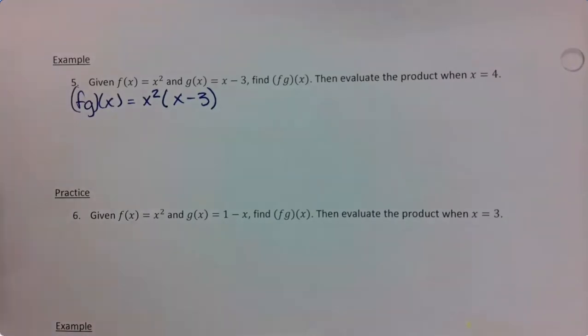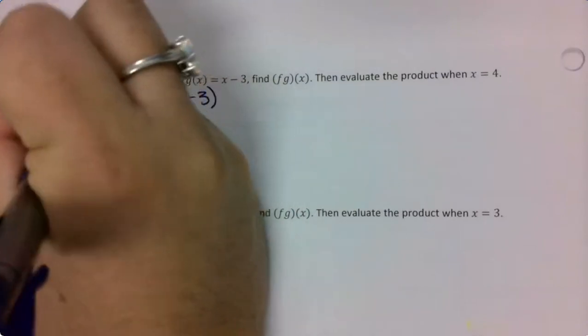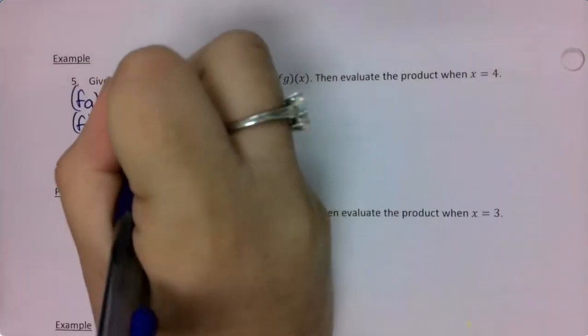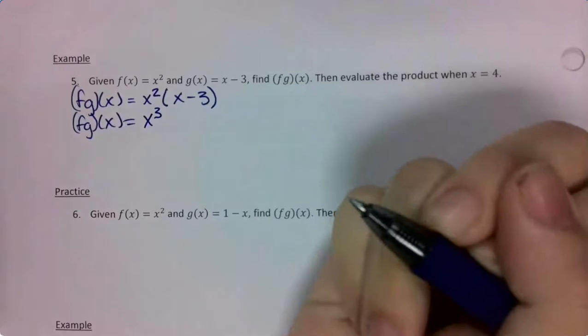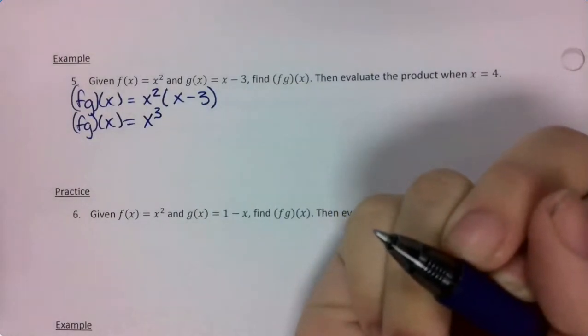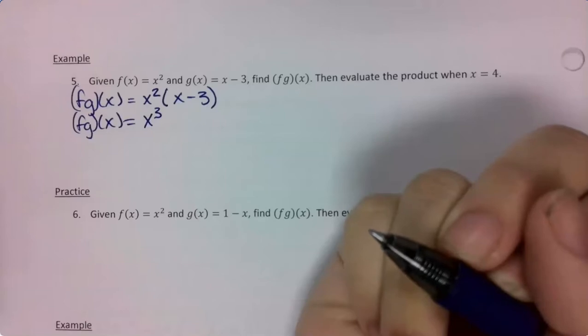Then I want to go ahead and distribute that x squared. So x squared times x is x cubed. x squared times negative 3. x squared times negative 3.